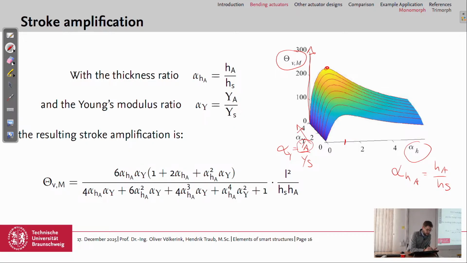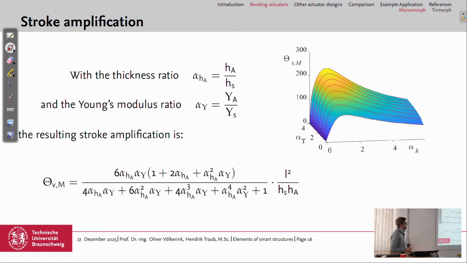Of course, this is again a simplified model, just with Euler-Bernoulli assumptions, but to get an impression. This is, for a bit more complex system, also a way to look at structural conformity. If you want to achieve high values for the stroke amplification, you have to look at the Young's modulus and also at the dimensions of the different layers.